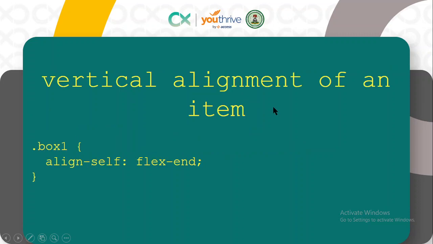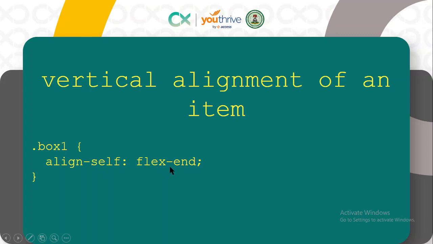Vertical alignment of an item. So let's assume that I don't want box 1 to be in the same line with the rest of the items. So how do I do that? I'll target box 1 and add this property, align self, then flex end.